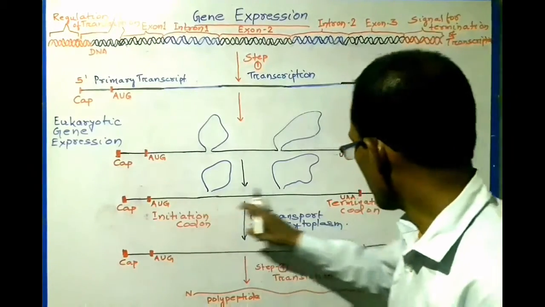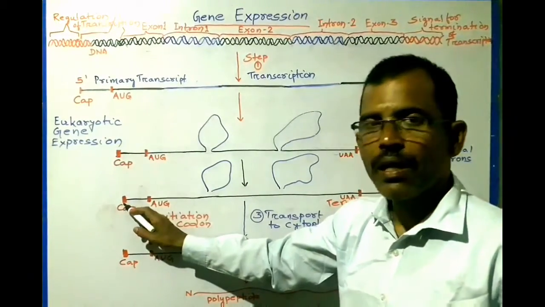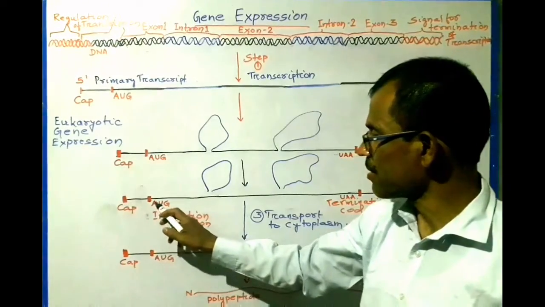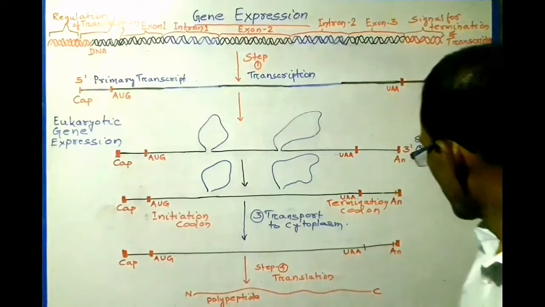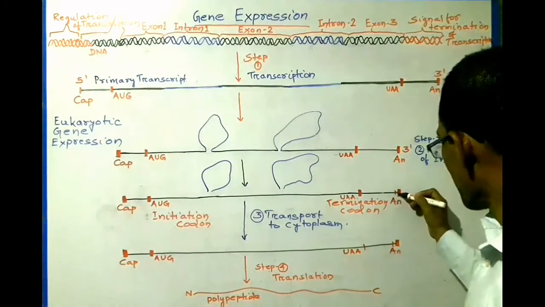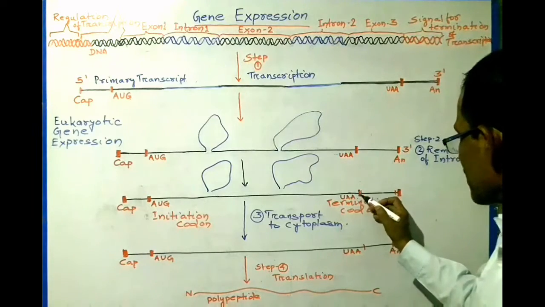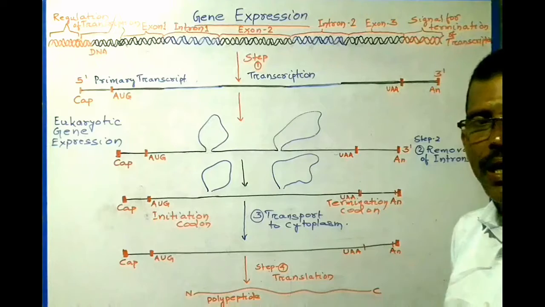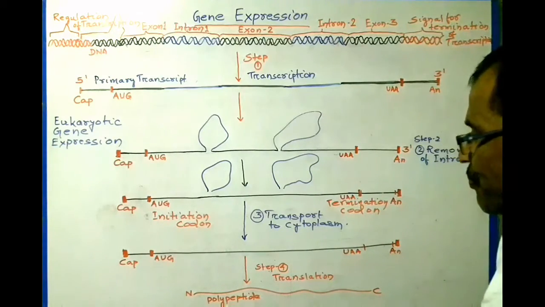This is the mRNA, which has a 7-methyl-guanosine cap at the 5' end. After this, there is the initiation codon AUG. At the end is the poly A tail, and prior to this is the termination codon. This termination codon UAA terminates the process of translation.